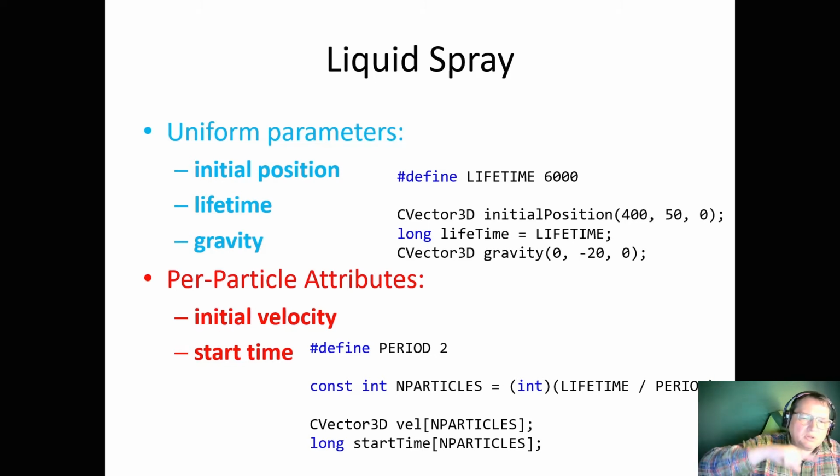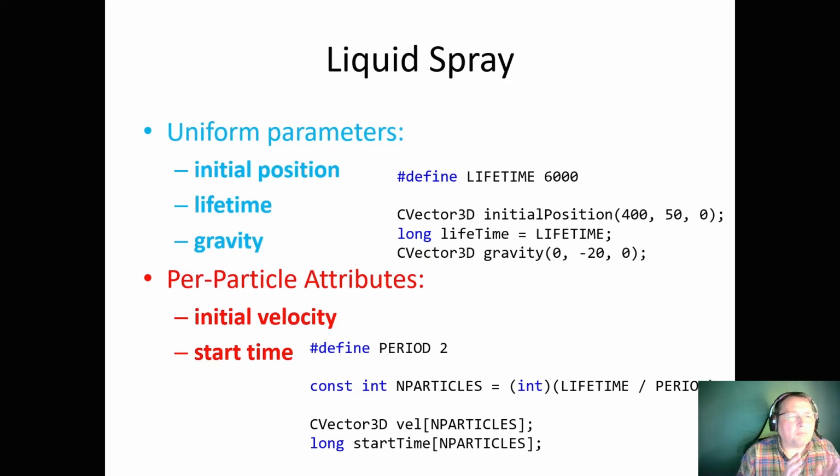We'll keep the total number of 3,000 particles, and they will just cyclically go through their trajectory and come back starting from the initial position.